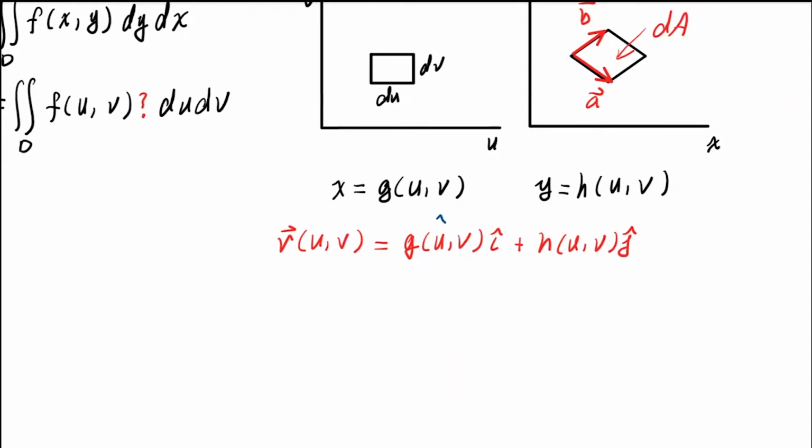This thingy is x of uv. You know what I'm saying? I'm just going to write x, and this thing is y. So it's the same as before. Instead of x of t and y of t, this thing is uv. It's still a vector function. Really? Does that give you some kind of area?